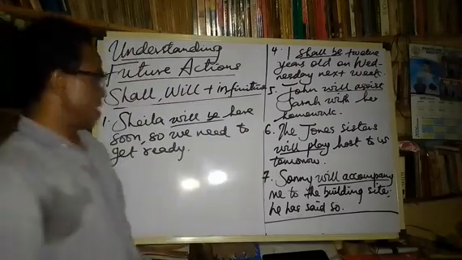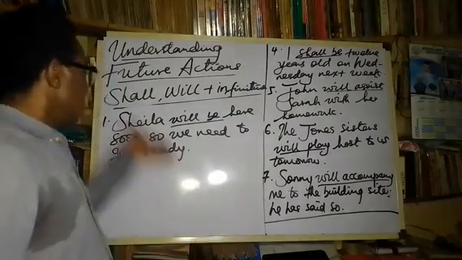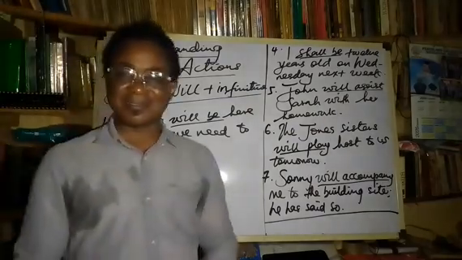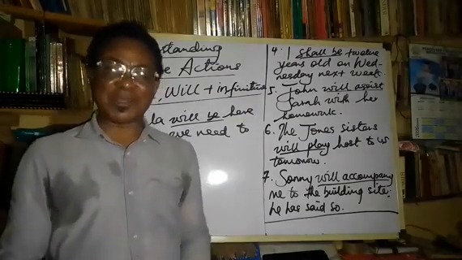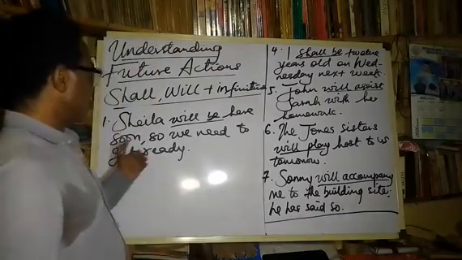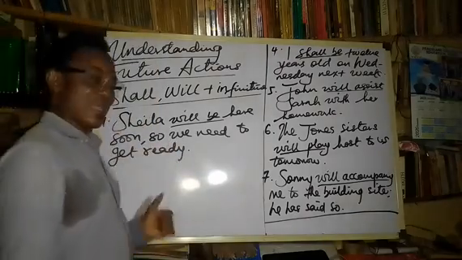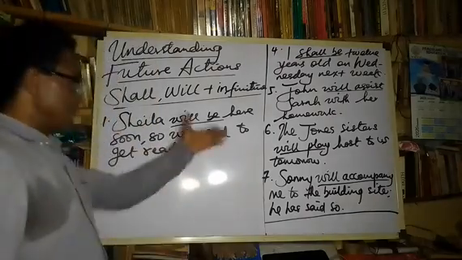The speaker is aware that Sheila's coming is a promise, or there is willingness on the part of Sheila to come. So she reports it. She said Sheila will be here. She's expecting Sheila in the near future.